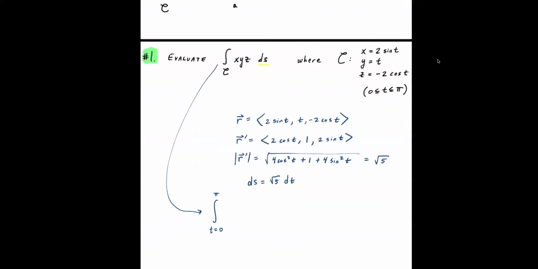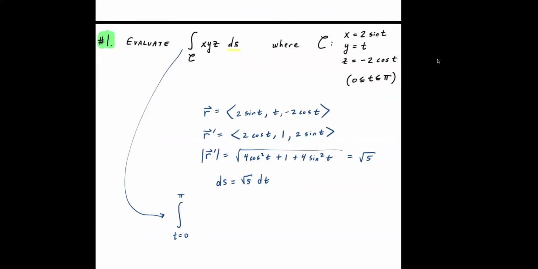And now we just substitute. X is 2 sine t, y is t, and z is minus 2 cosine t. Okay, and so that accounts for these 3 factors in the integrand. ds we worked out was square root of 5 times dt.